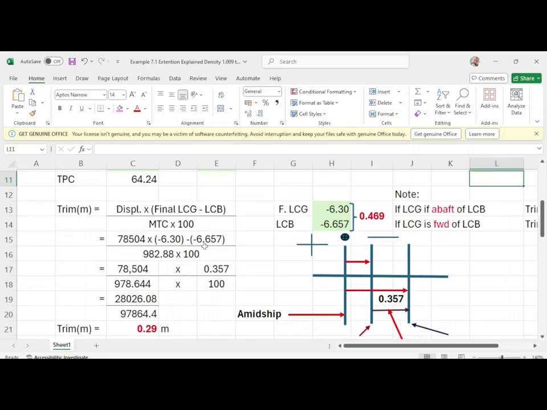Doing the equation, you deduct this LCG and LCB. When you deduct this, that will be 0.3357. Now take note, guys, about this deduction.